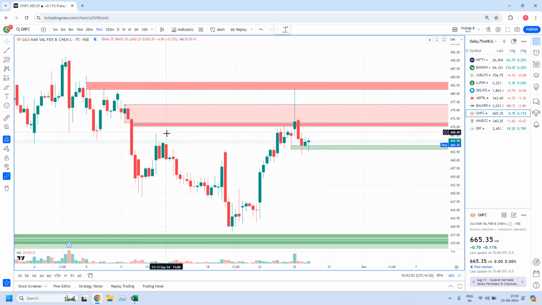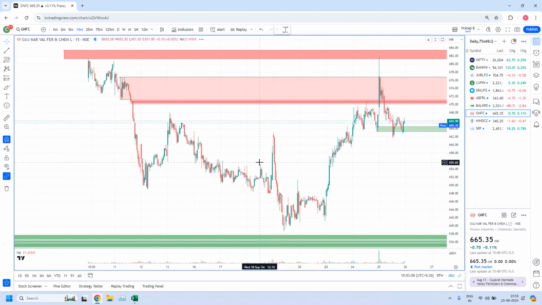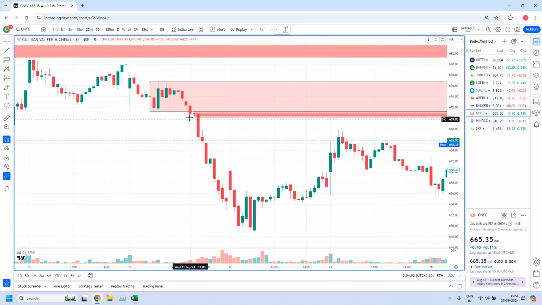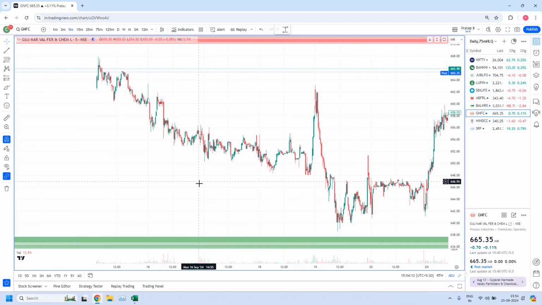How did I fine-tune this zone? With 15 minutes time frame, I have identified a drop, base, drop here, exactly near the proximal line. And there again I fine tuned with 5 minutes time frame.